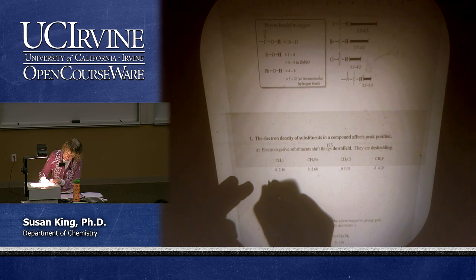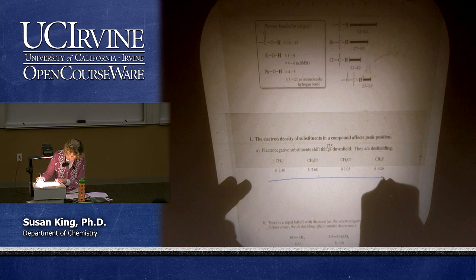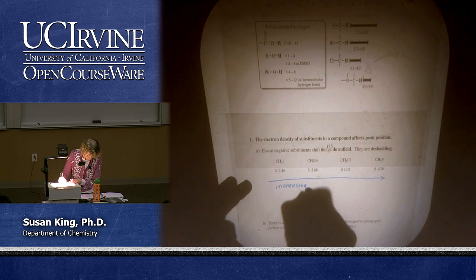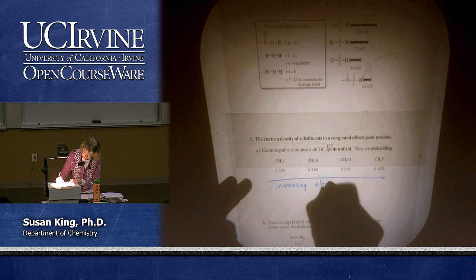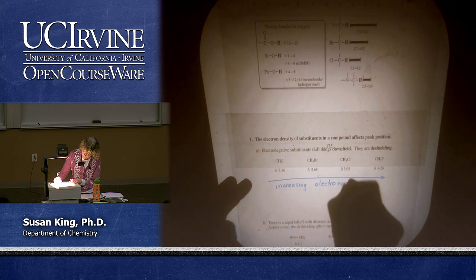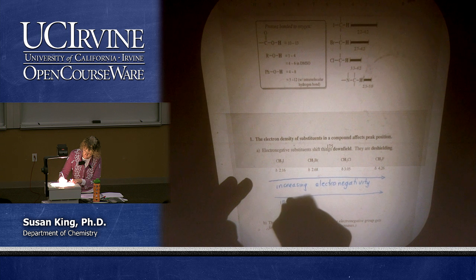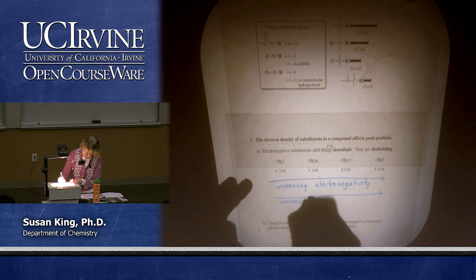So here we have a very clear trend. The more electronegative, we have increasing electronegativity this way. Increasing de-shielding.